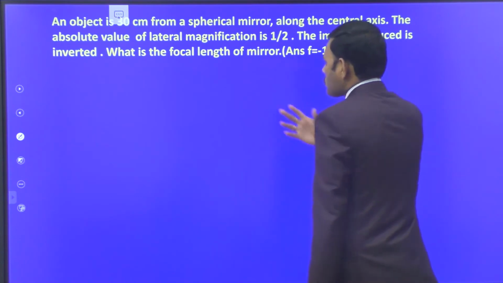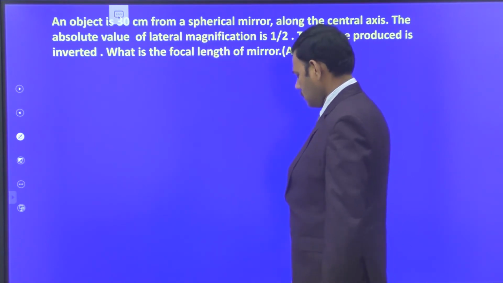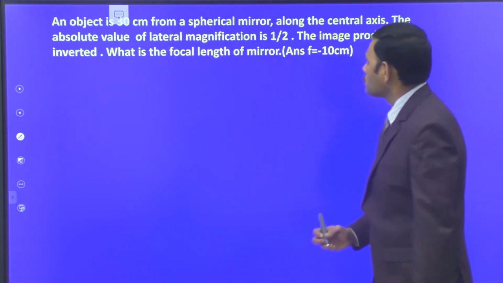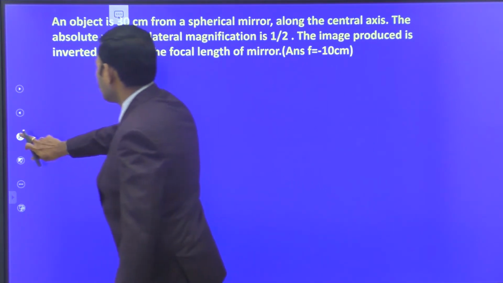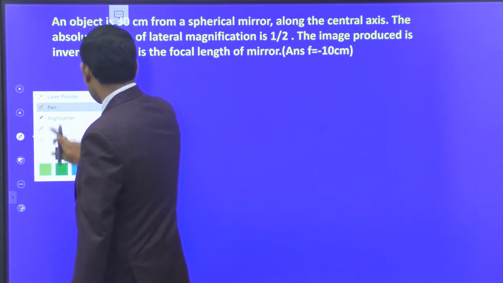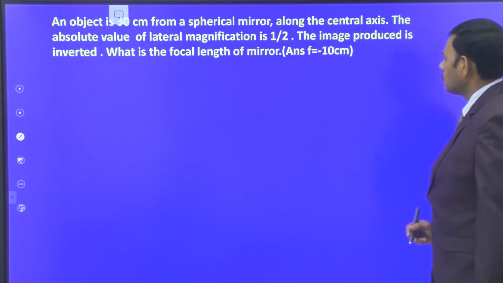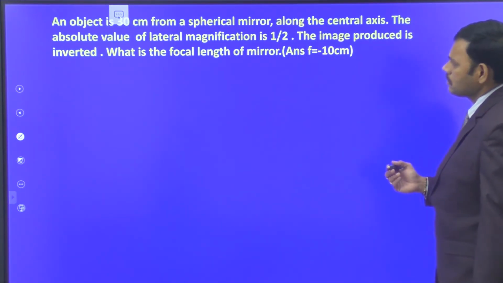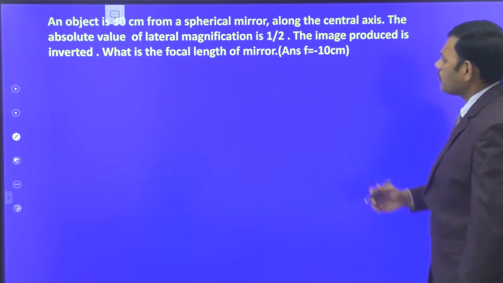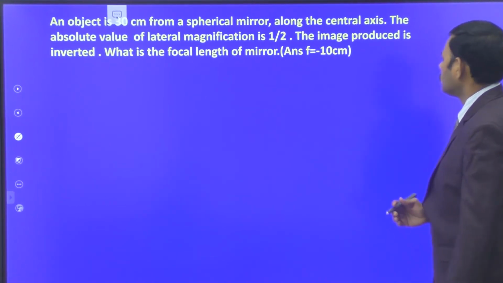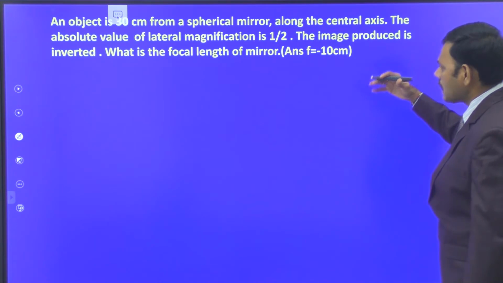Here, this is the first problem. An object is 30 centimeters from a spherical mirror along the central axis. The absolute value of lateral magnification is 1/2. The image produced is inverted.